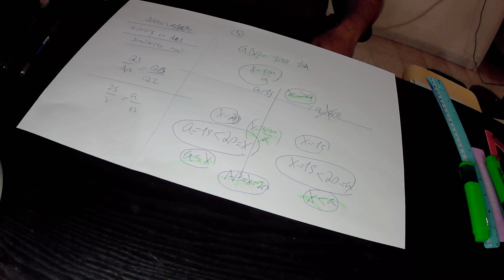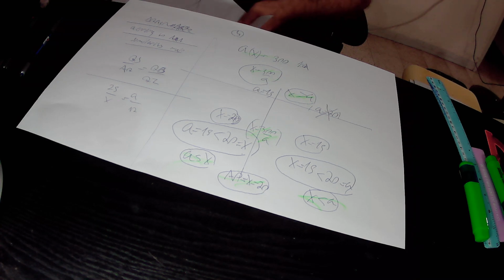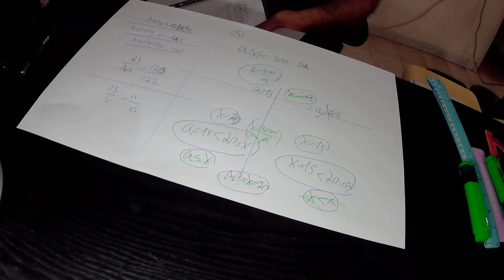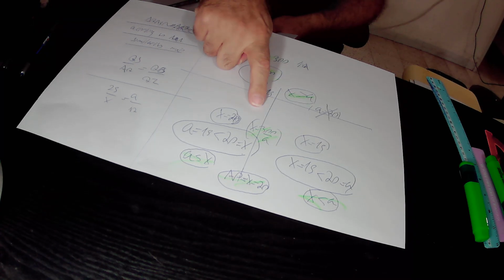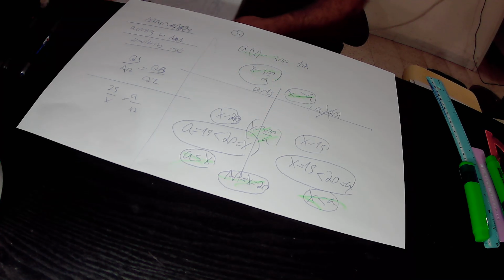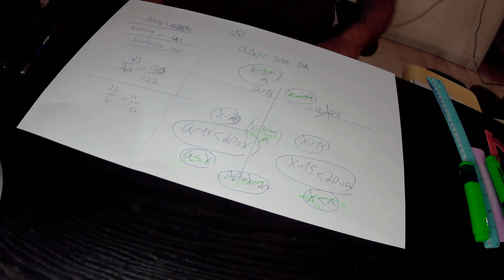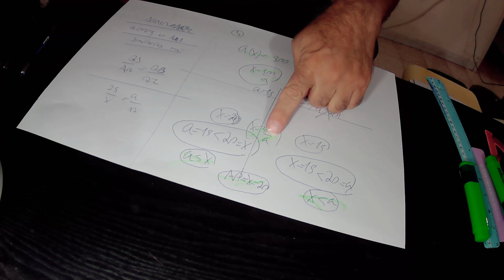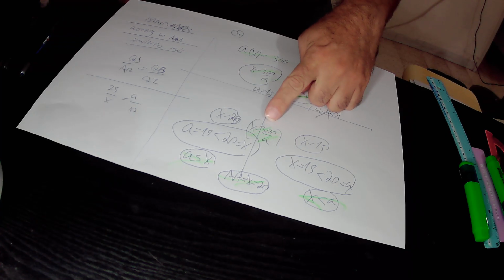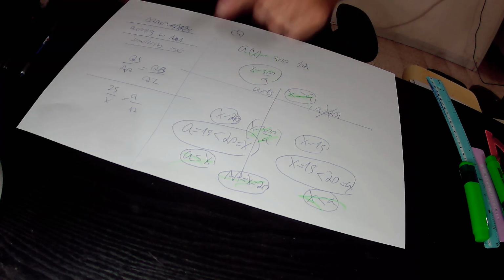We already found out that X equals 300 over A. So if A equals 15, it means that X equals 300 over 15. This is 20. So if A equals 15, then X equals 20.